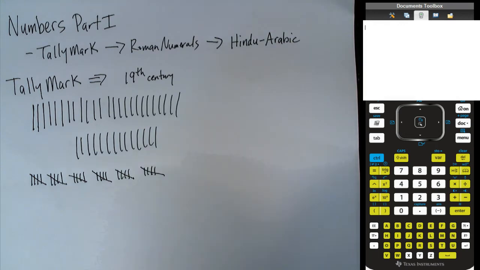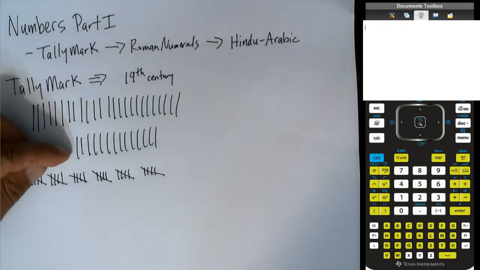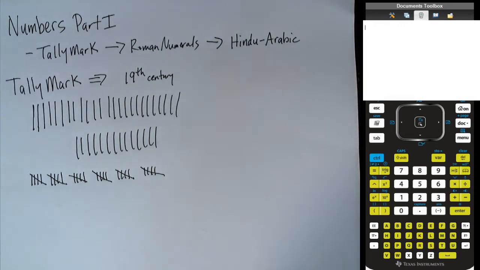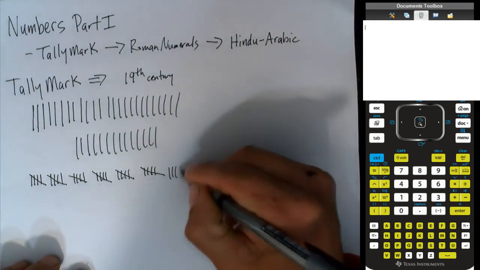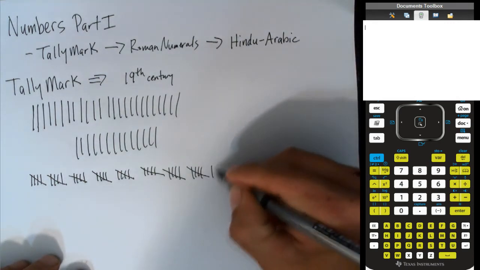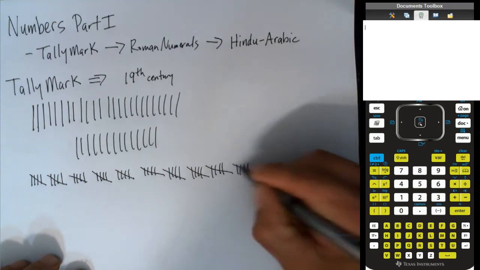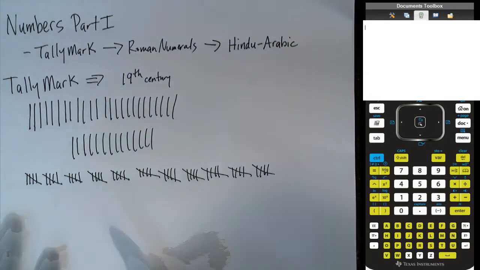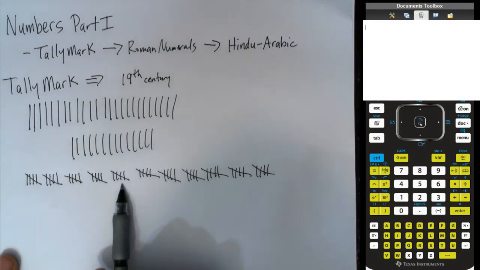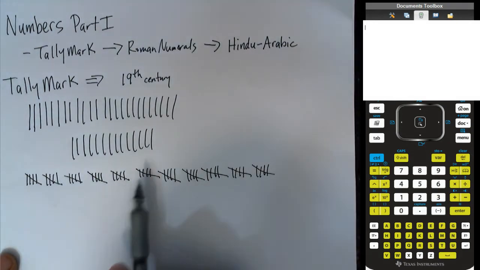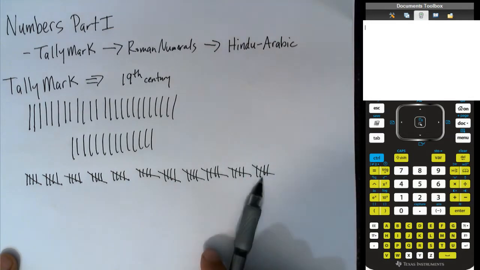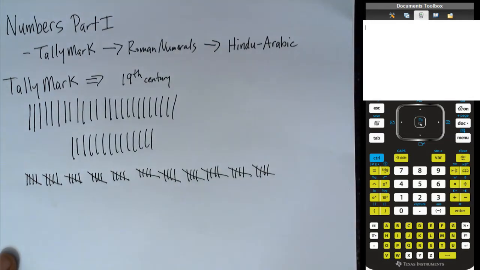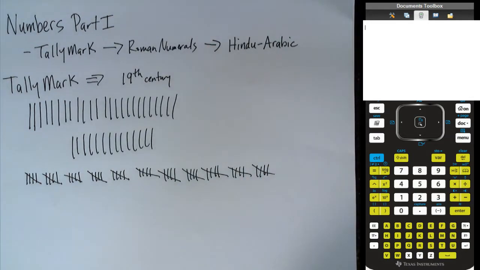But any higher than 6, that's where the system gets confusing. Okay, so we can go 5, 10, 15, 20, 25. Well, maybe I can't count. Well, I can. 30, 35, 40, 45, 50, 55. Okay, so that's 55. So eventually, you can see there's a lot of flaws in this system.